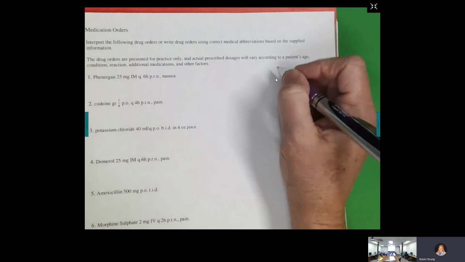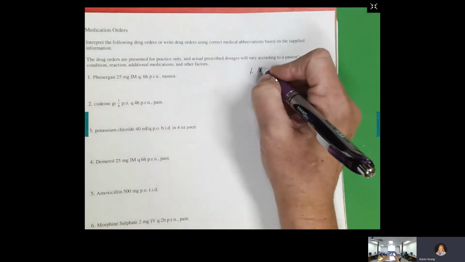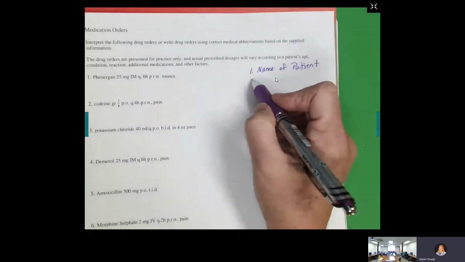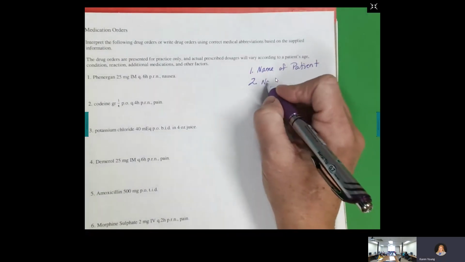In your textbook on page 143 gives you the 7 parts of a drug order. And I'm going to write them over here. You want the name of the patient. You want the name of the drug or the medication.